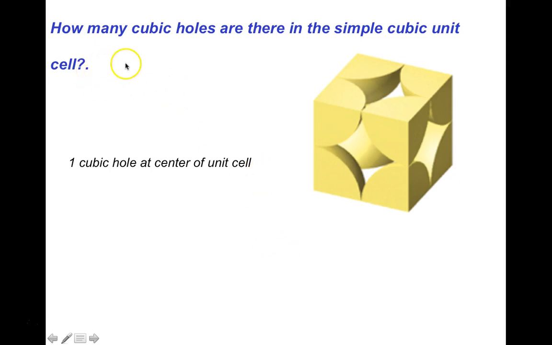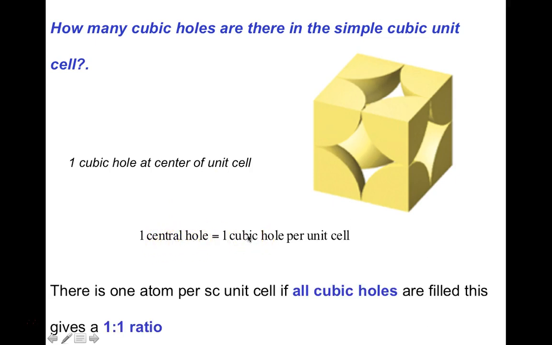So it's important to think about how many holes of each type we get in the unit cells. So there is 1 cubic hole right in the middle of the simple cubic unit cell, and 1 atom can go in there, and that atom will not be shared with any other unit cells. So there is 1 cubic hole per unit cell, and you get 1 atom for it.